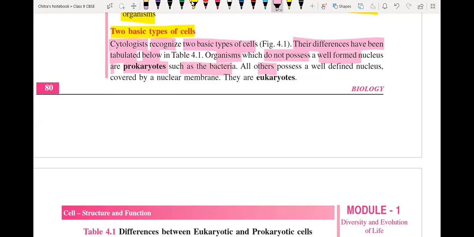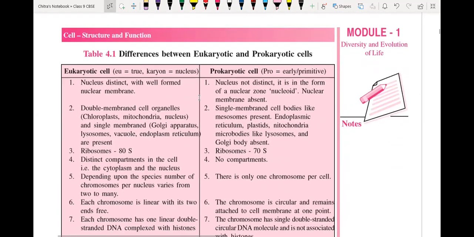And all others possess a well-defined nucleus. It means the definite nucleus is present in the cell, and these are called eukaryotic cells, or organisms formed by such cells are called eukaryotes. So there are two main types of cell: prokaryotic cell and eukaryotic cell. Now we are going to write the difference between prokaryotic and eukaryotic cell.